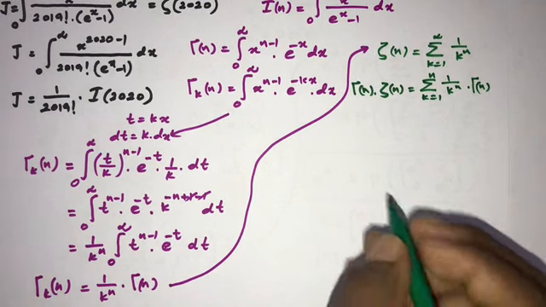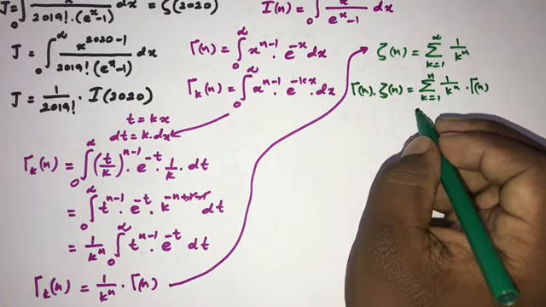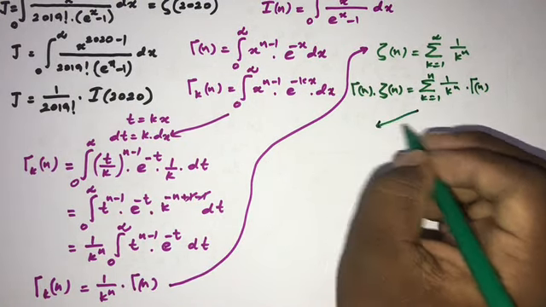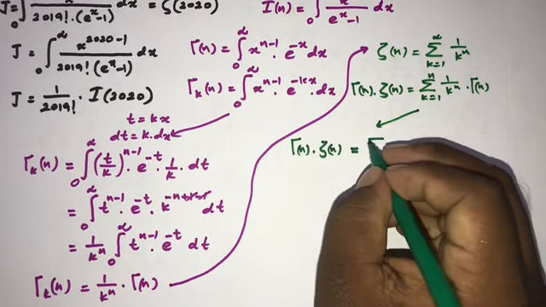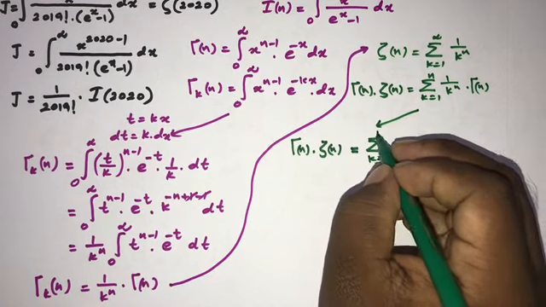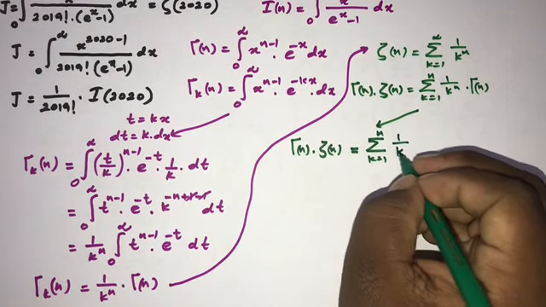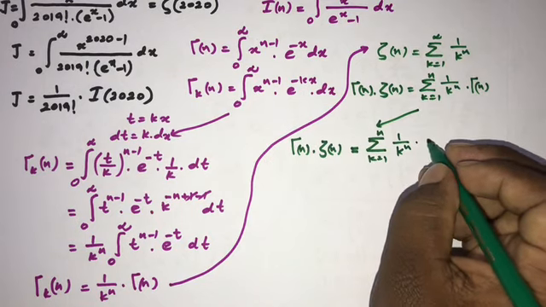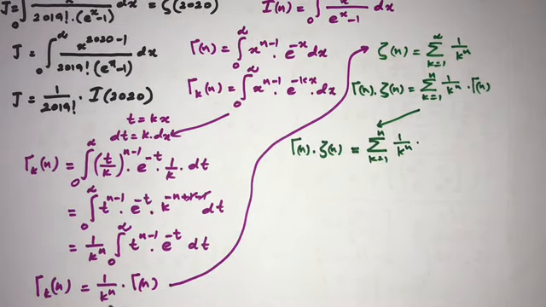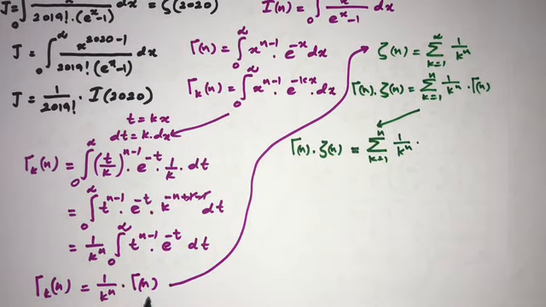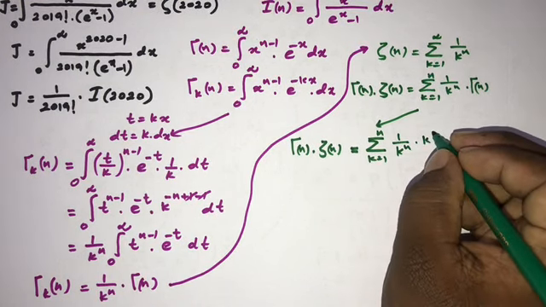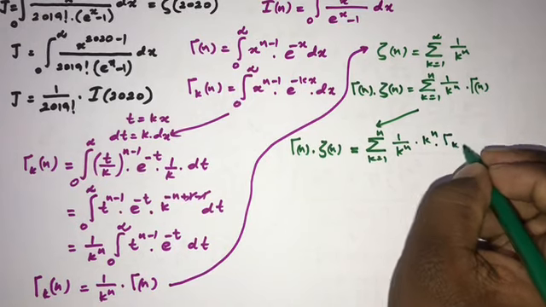Now we can write gamma of n times zeta of n is equal to the sum over k of 1 over k to the n times, now gamma of n, sorry, gamma of n is equal to k to the n times gamma k of n.